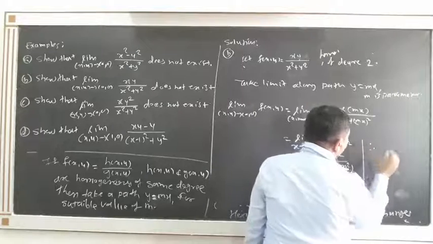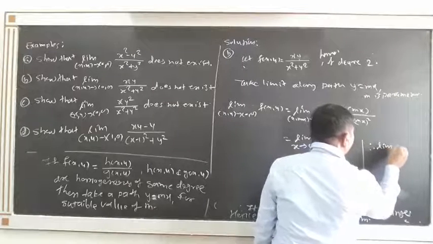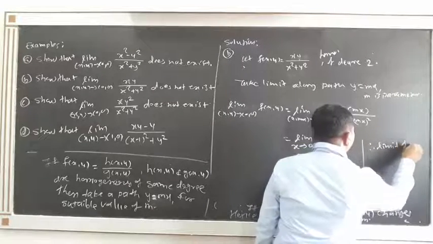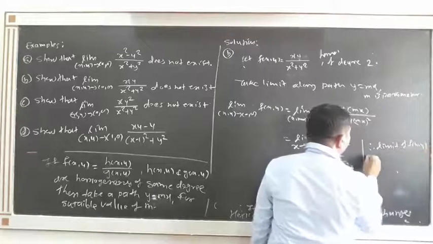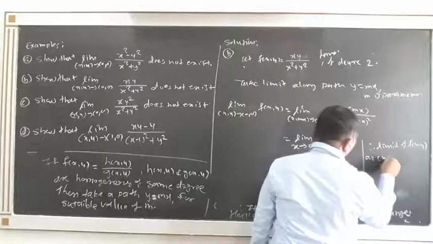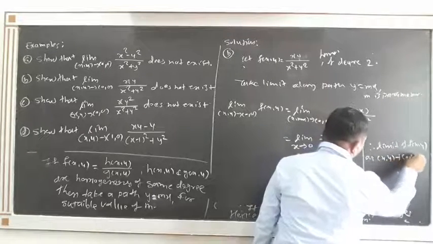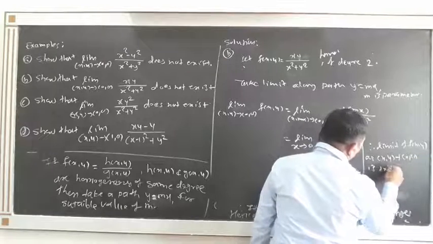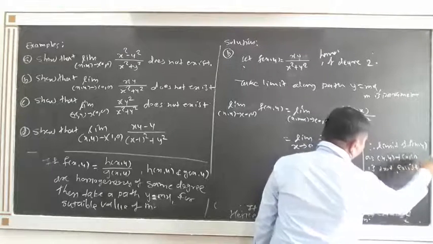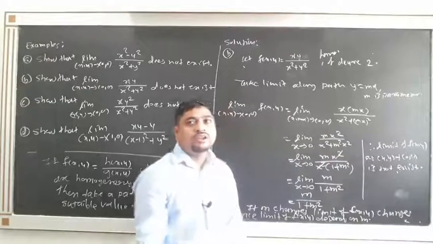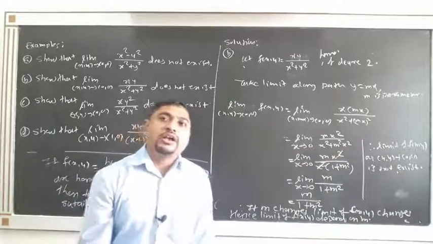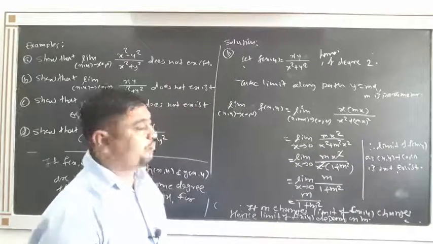Therefore, limit of f of xy as xy tends to 0 0 does not exist. Okay, so you can solve this by another method also.